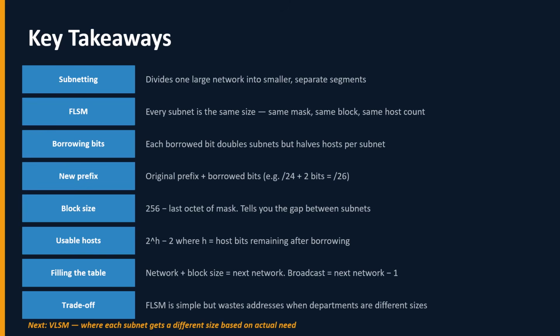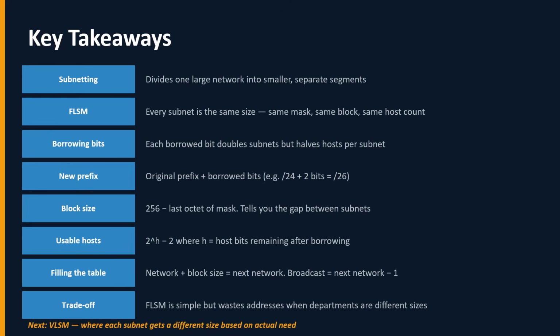You're getting one big network, you're dividing it into smaller separate segments, and if you use fixed length, each subnet is the same size, same network mask, same block, same host count. And we do this by borrowing from the host portion and allocating to the network portion. And so the original prefix will be plus the borrowed bits, and then we can have the same block of usable IP addresses, and then we can now fill in our table.